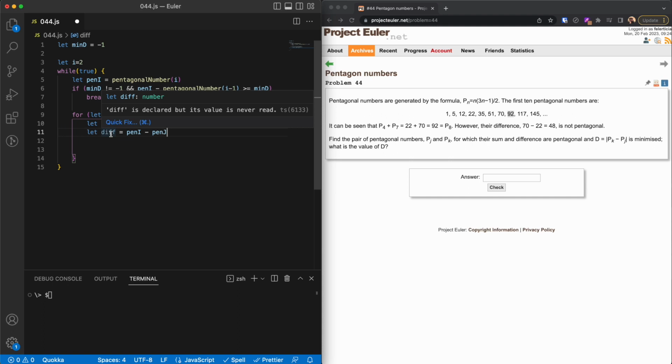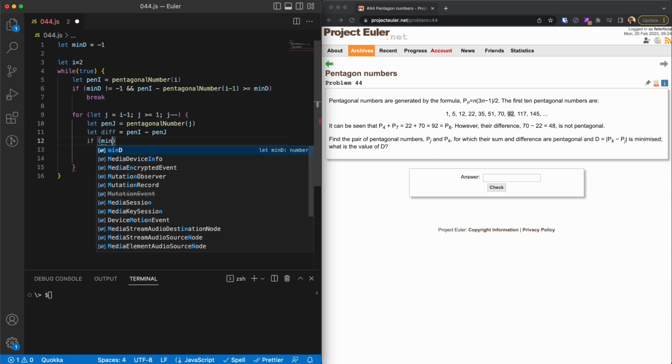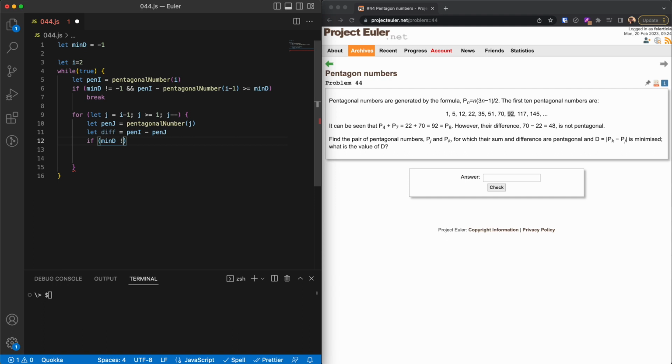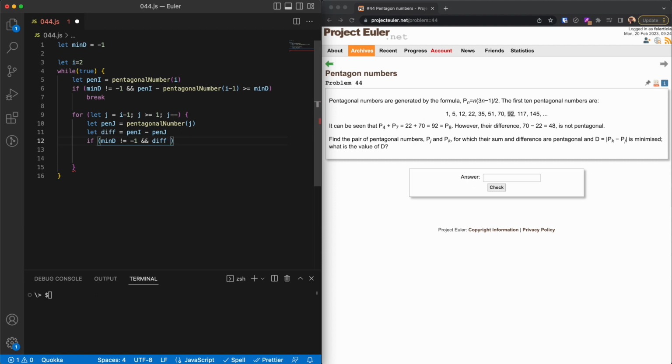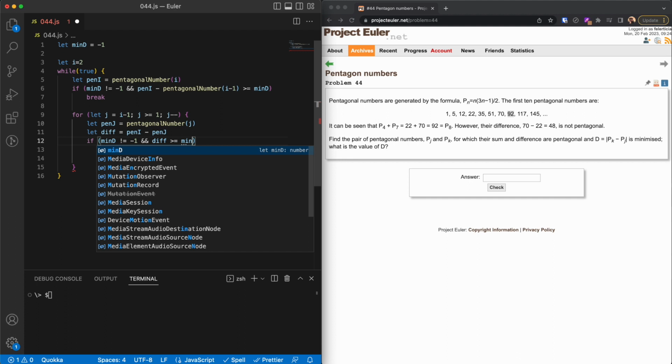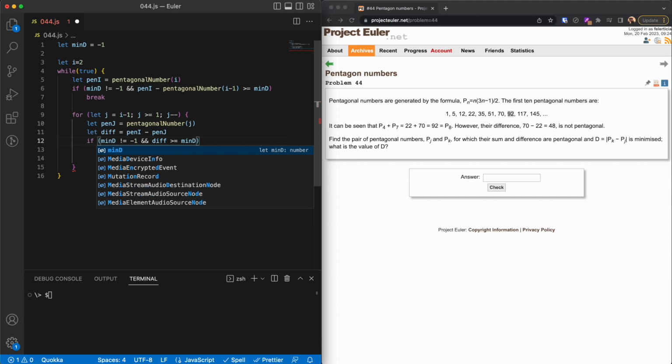We can break again. So I would say if min d is not -1 and the diff that we have calculated is bigger than or equal to min d, then we are done.